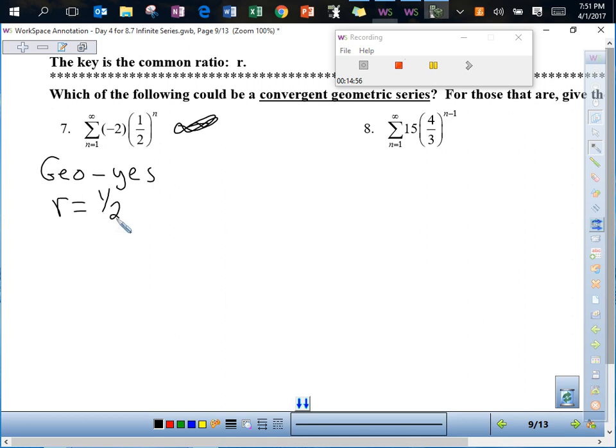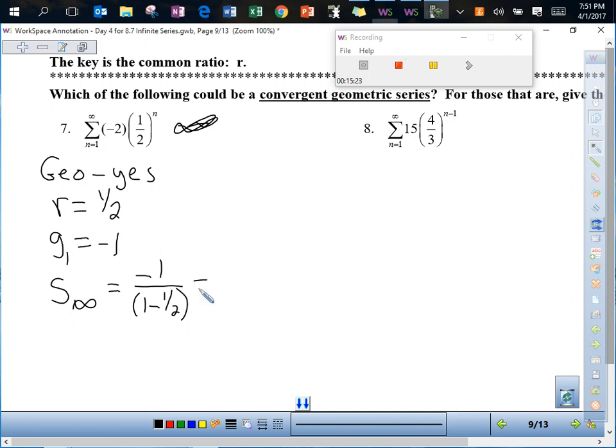So in this case, my R value is 1/2. Now let's go get G sub 1. So plug in a 1. 1/2 to the first is 1/2 times -2 is -1. So the sum as I go to infinity is going to be -1 over 1 minus 1/2, which is really -1 over 1/2.